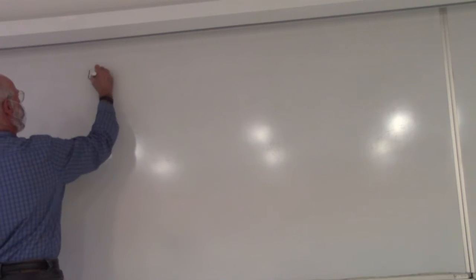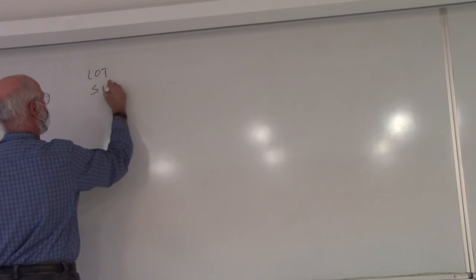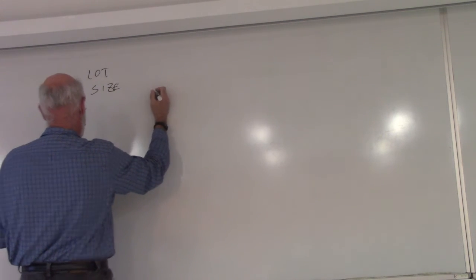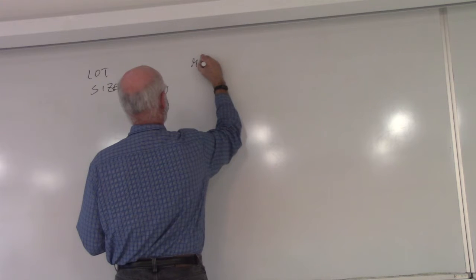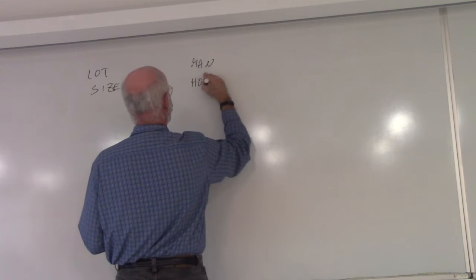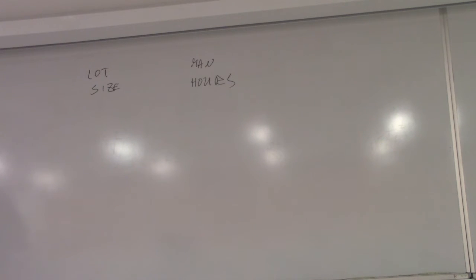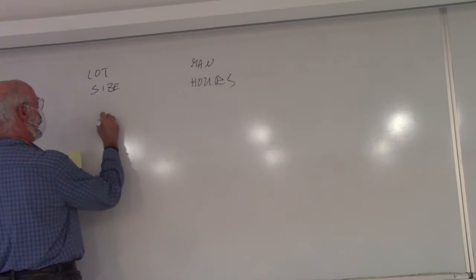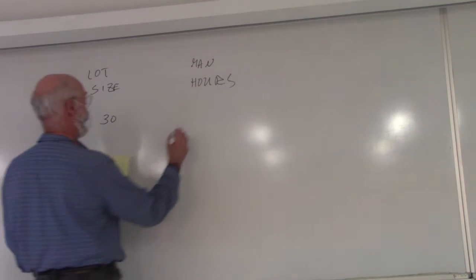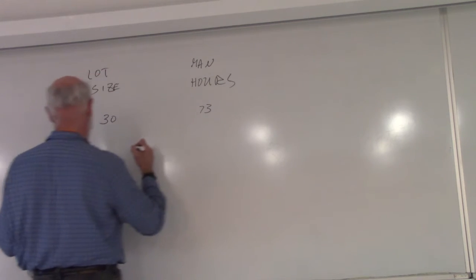We have a lot size, and we have man hours. And maybe we've been working at this factory for a little while. We've been there long enough to have 10 production runs. So the first production run is 30 units, and it takes 73 man hours.